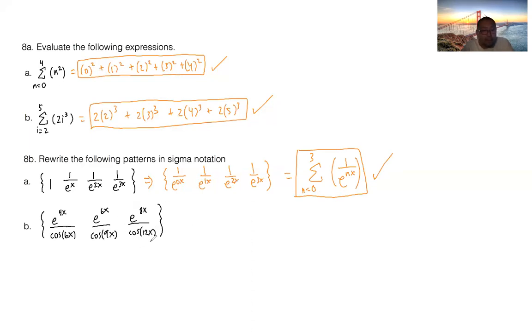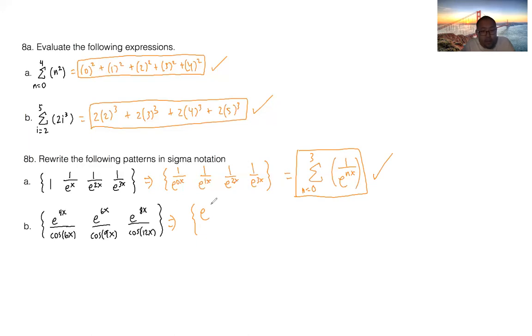Looking at B, here you have a different, more difficult pattern. So e to the 4x over cosine 6x, e to the 6x over cosine of 9x. It doesn't seem that clear, but you're going to notice that essentially this is going to be e to the, the similarity between 4 and 6 is a 2, right?